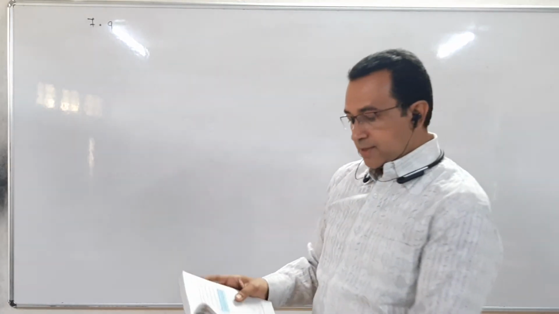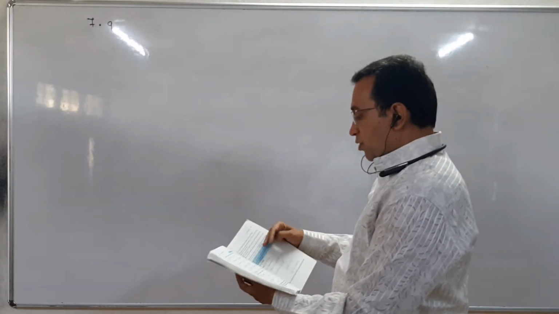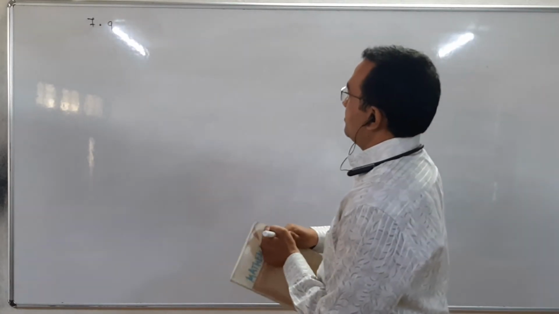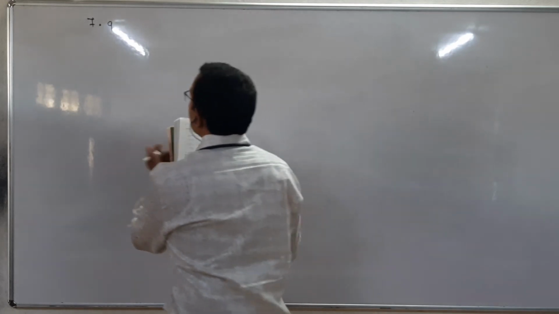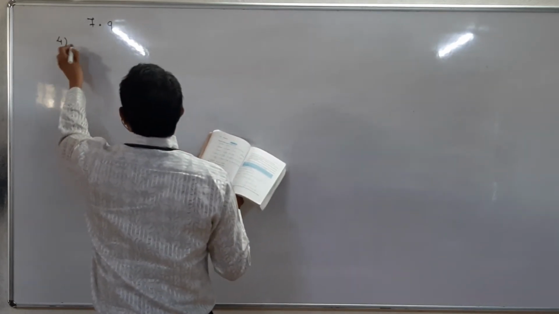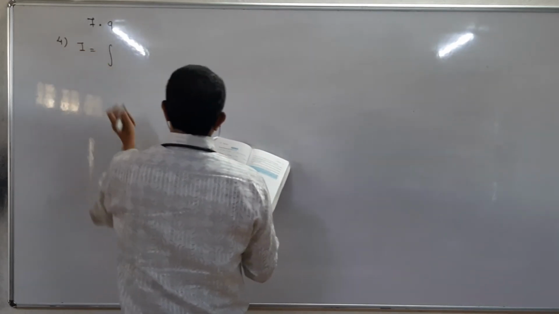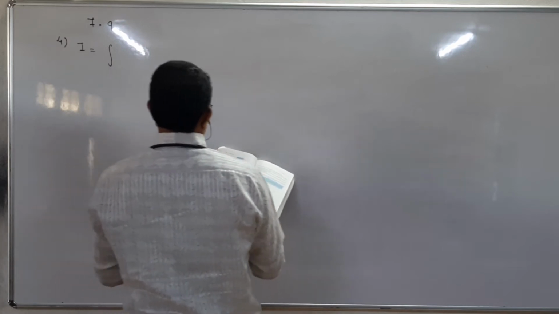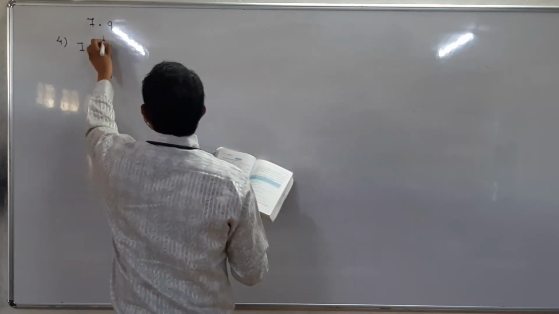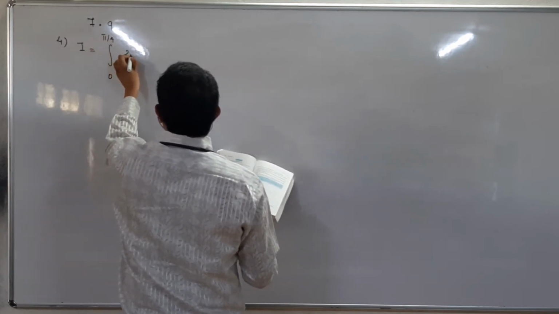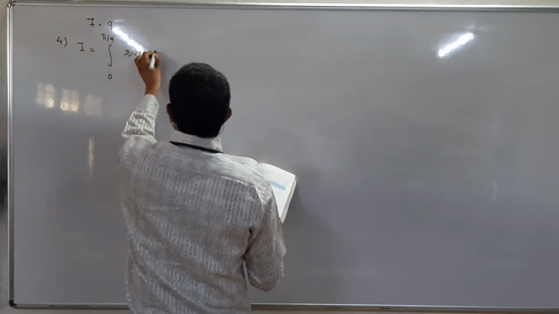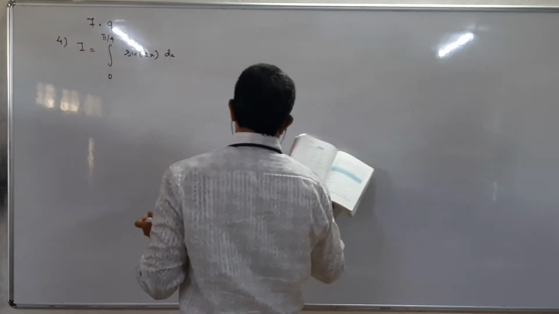Now, students, the questions 4, 5 and 6. At a time I am writing only 3 questions, students. Question number 4: integration 0 to pi by 4 sine of twice x dx.